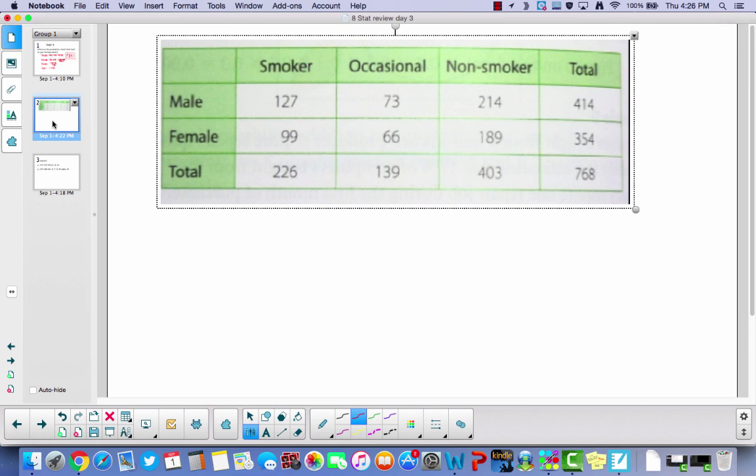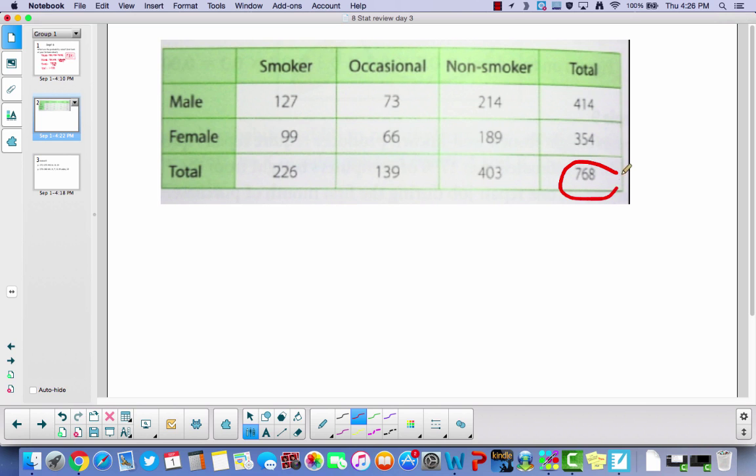All right, so we have an example here where we have people categorized into male, female, smoker, occasional smoker, and non-smoker. We have a total of 768 people that were surveyed, and we want to know the probability that they are a smoker or that they're male.